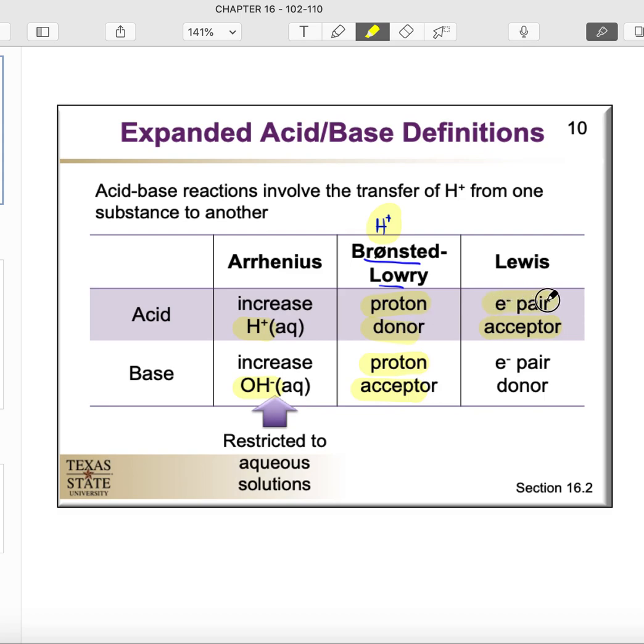But now we're dealing with electrons. And then a Lewis base is an electron pair donor. Look at the donor versus the acceptor for the Bronsted-Lowry, but of course the Bronsted-Lowry was talking about protons. So we're talking about different things that we're accepting or donating. In this case, electron pairs that are being accepted by the acid and that are being donated by the base.